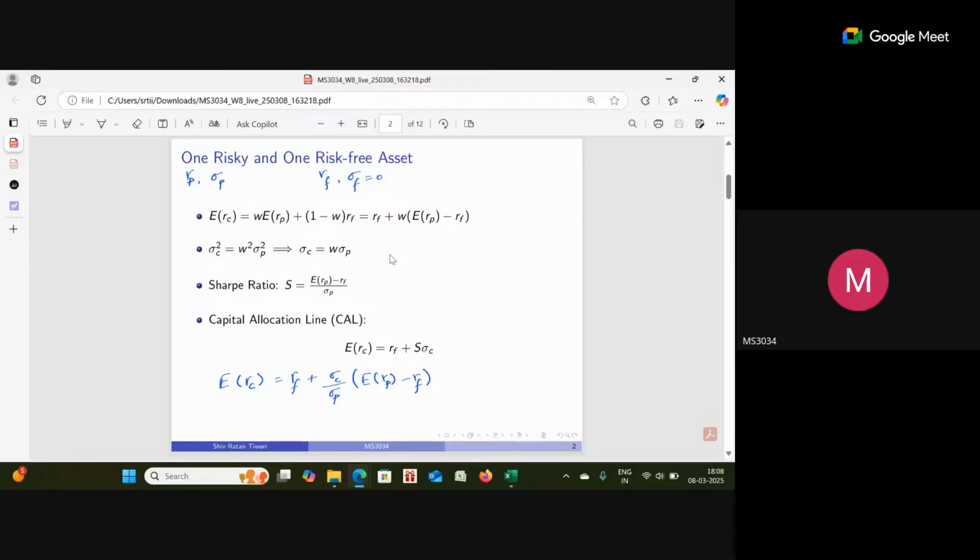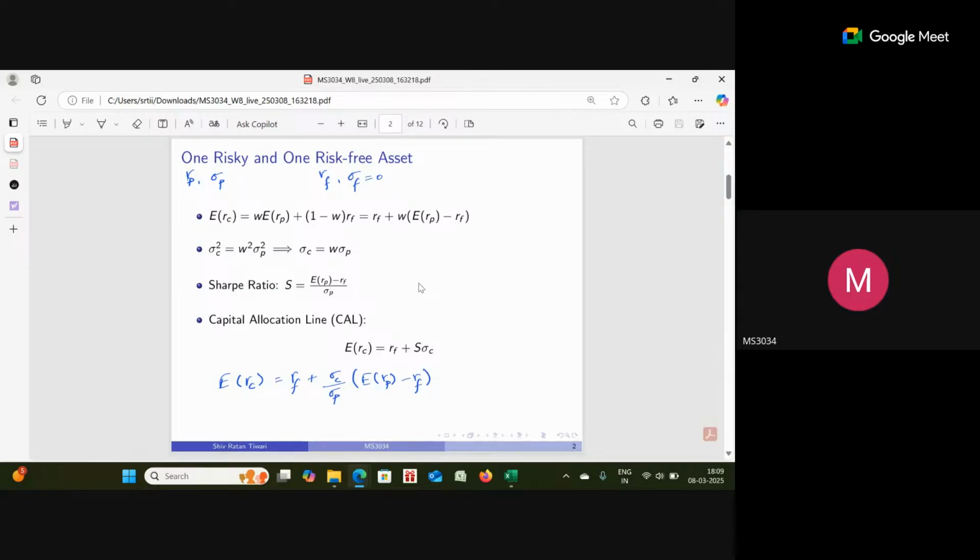Now we can combine both of them, and like we did in week 7's live session, we derive what we call the budget constraint in the case of portfolio theory. In that case, it comes out in this form, where the expected return of your portfolio is a function of the portfolio standard deviation.